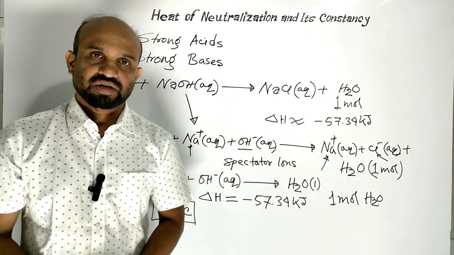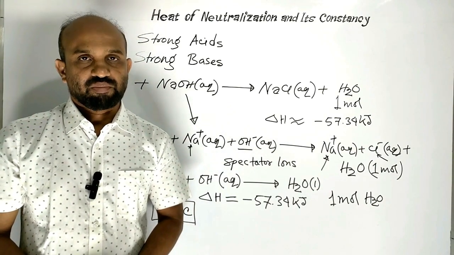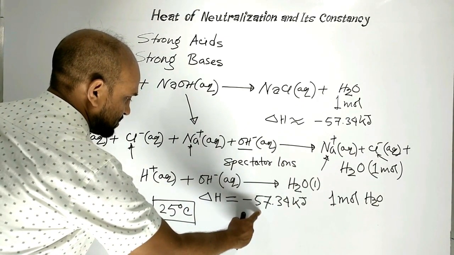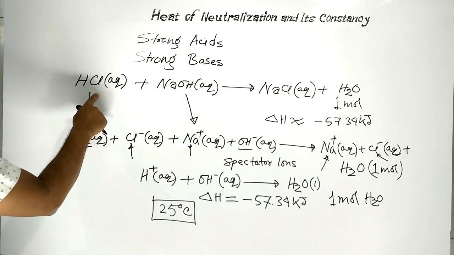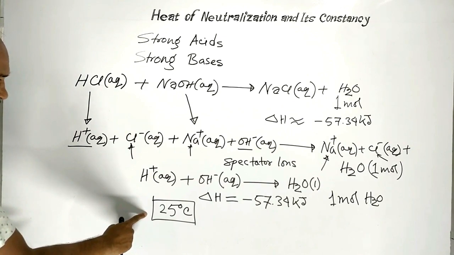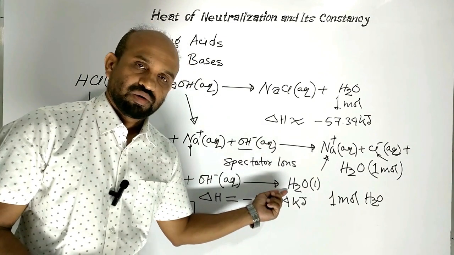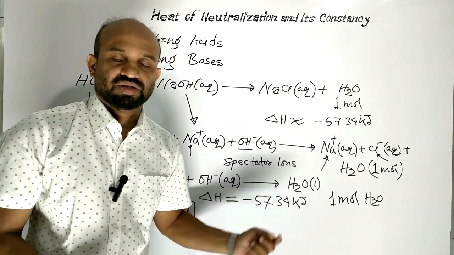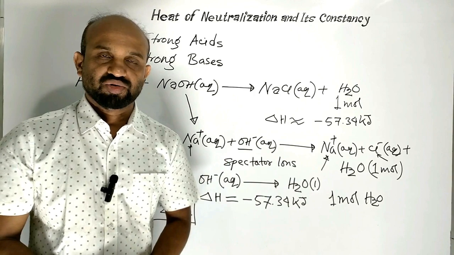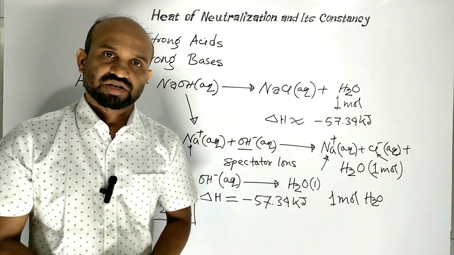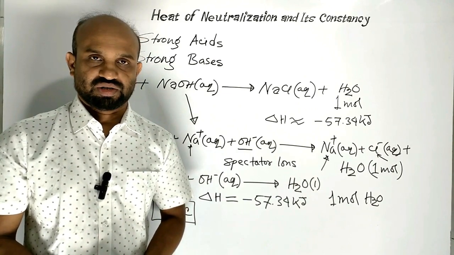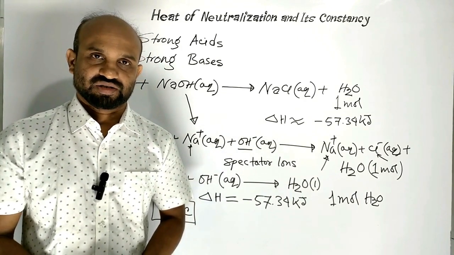Heat of neutralization is defined as the amount of heat generated by the reaction between acid and base at room temperature to form 1 mole water. Simply, the amount of heat produced by the reaction of acid and base at room temperature to form 1 mole water is known as the heat of neutralization.